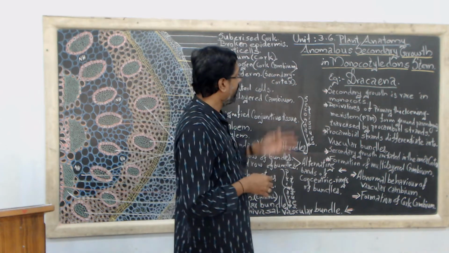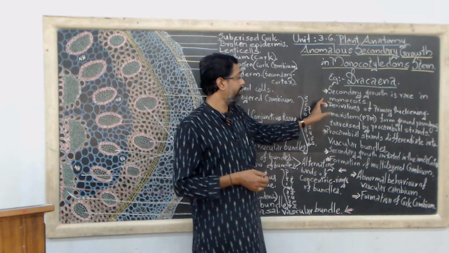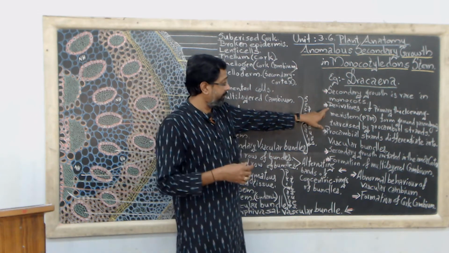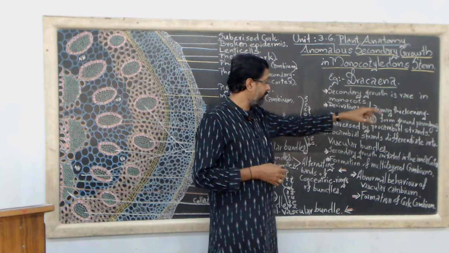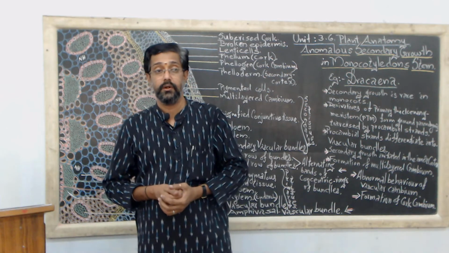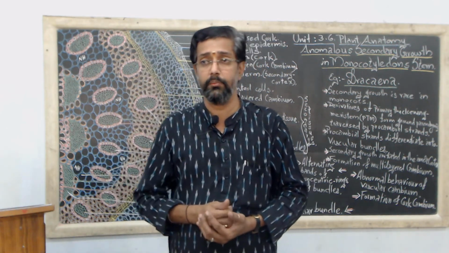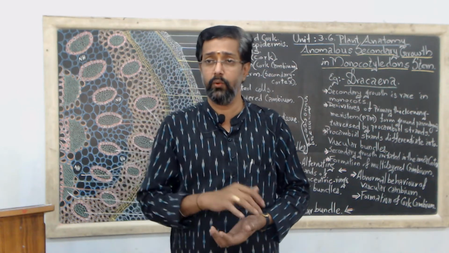And coming to the anomalous secondary growth, what happened? The secondary growth is rare in monocots, and it involves derivatives of the primary thickening meristem (PTM) from ground parenchyma traversed by procambial strands. So the early formed vascular bundles, which are closed and collateral, are dispersed in the ground tissue.